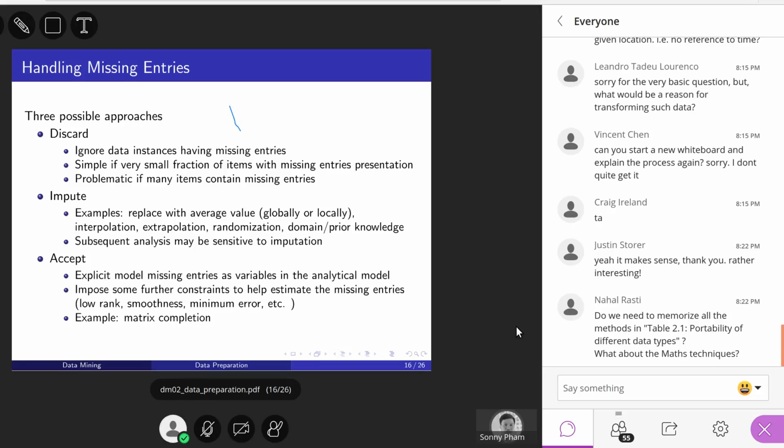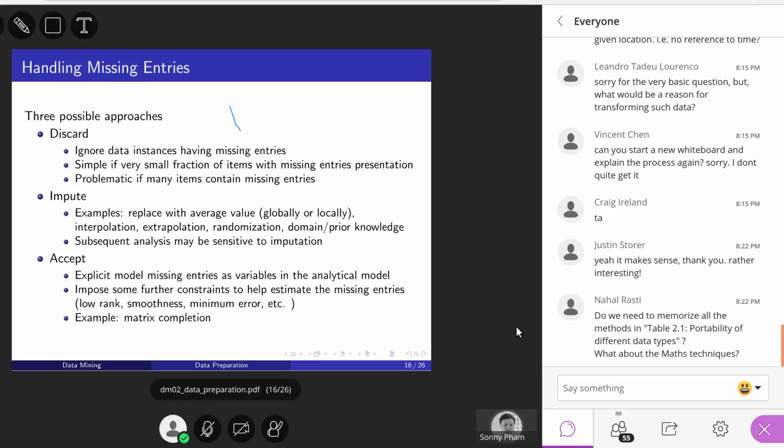Or you can say, what if I try to replace them with some value, for example the average, globally or locally? So you can use techniques like interpolation, extrapolation, randomization, and so on.